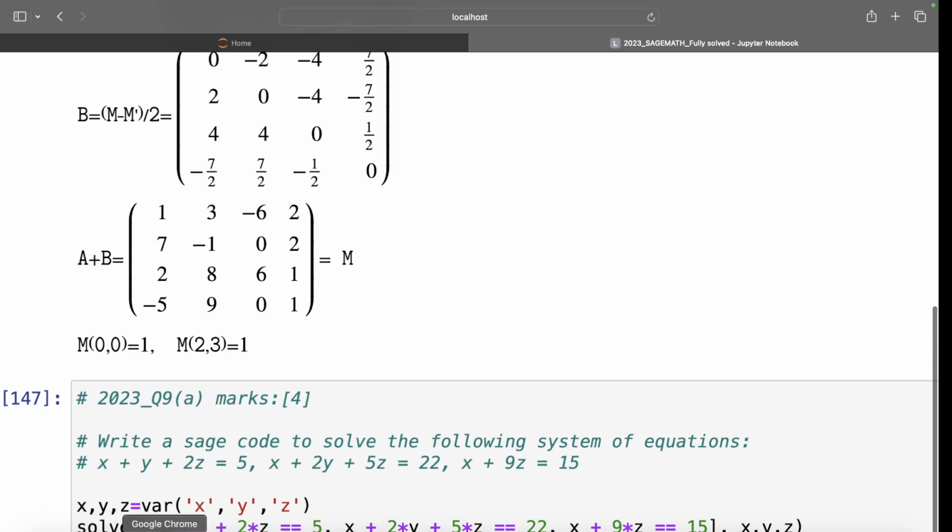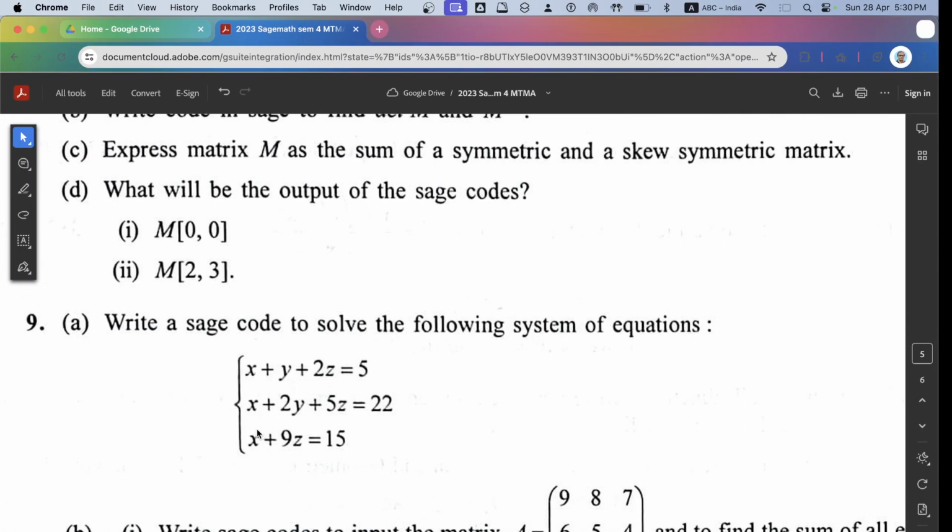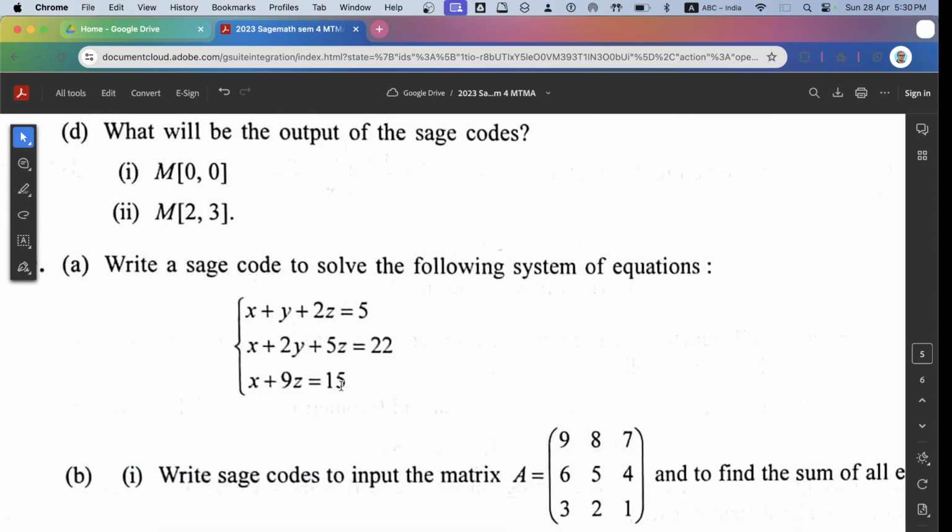Question 9a. Write Sage code to solve the following system of linear equations: x plus y plus 2z equal to 5, x plus 2y plus 5z equal to 22, x plus 9z equal to 15.